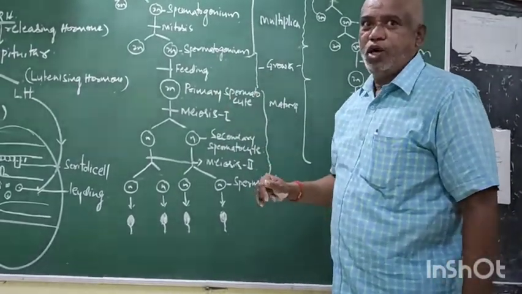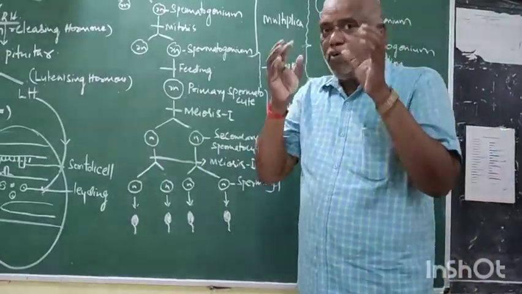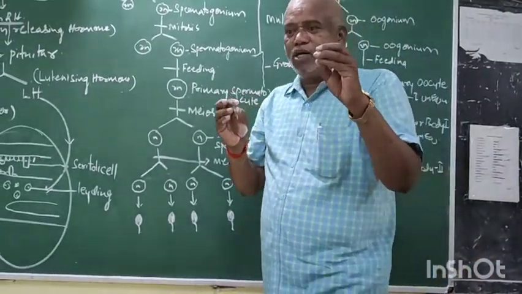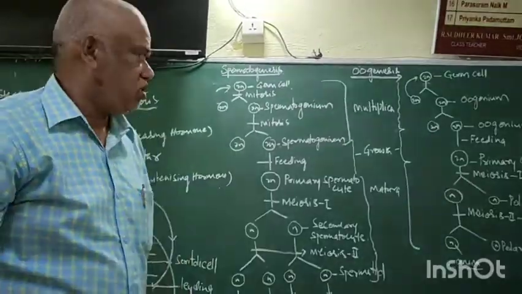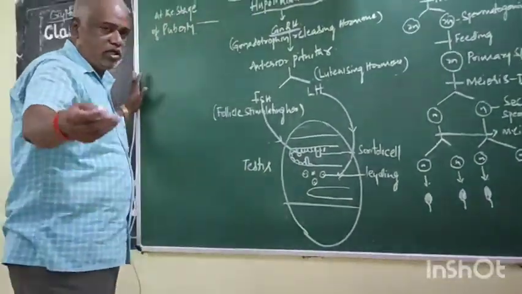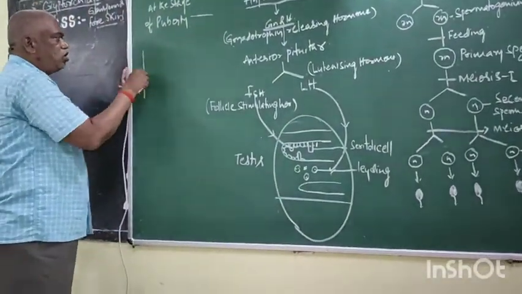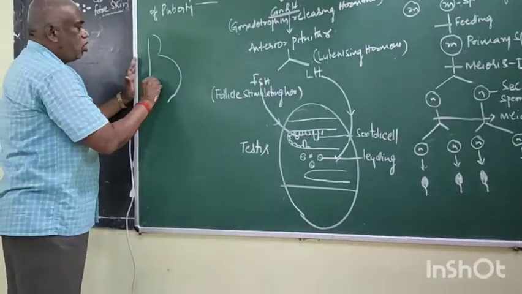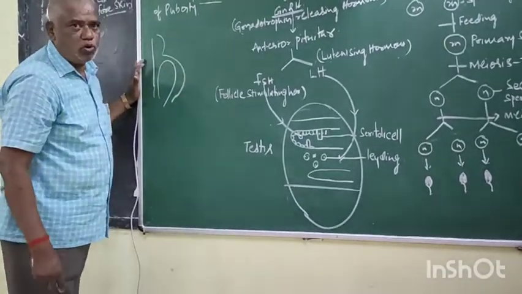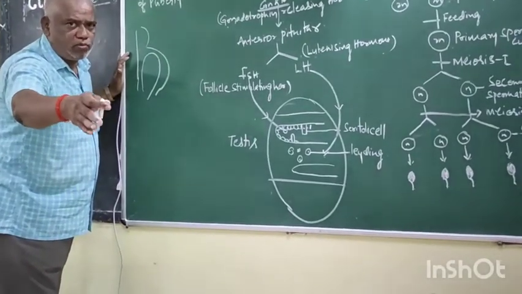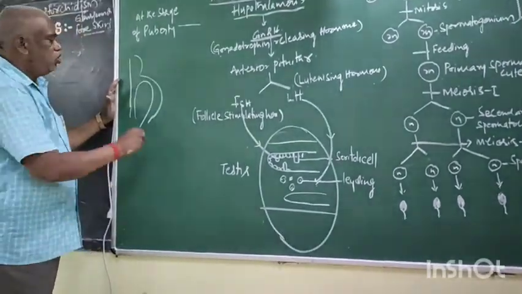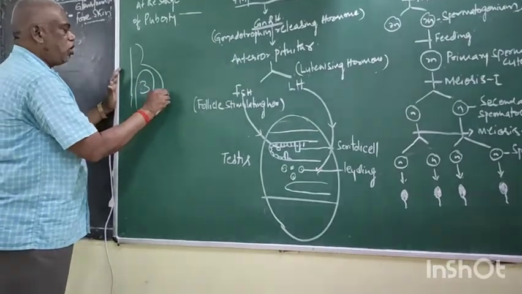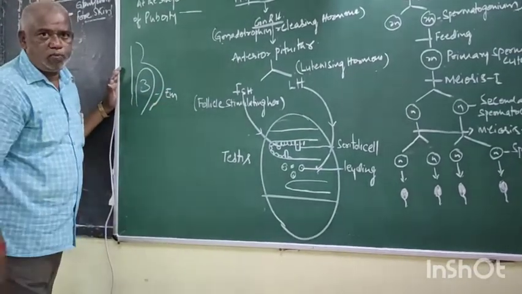Now, remember, I want to say the 3 stages. See, your mother is pregnant. Either girl or boy, whatever it may be, you are in which stage? The embryonic stage.